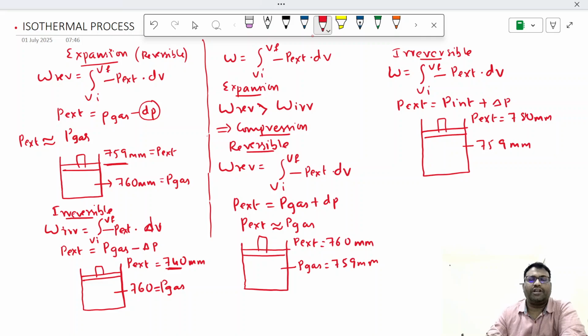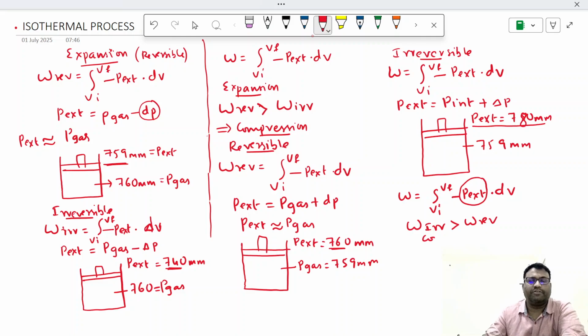So the formula to calculate work done, as we already know, is P external into dV: more external pressure, more amount of work done. In which is external pressure more? In irreversible, external pressure is more, 780. Here it is only 760. So work done during irreversible compression is greater than work done during reversible.